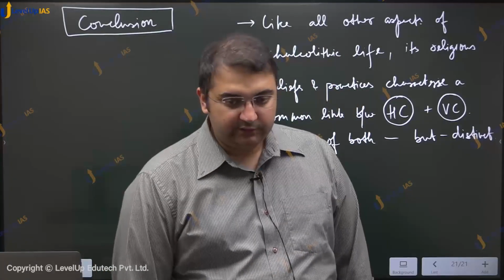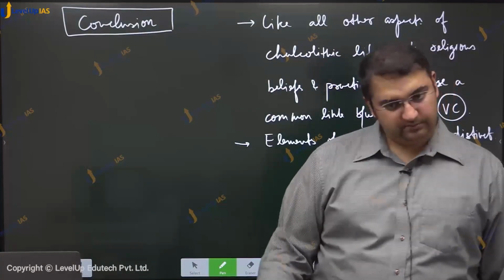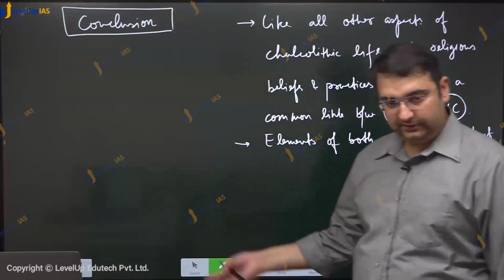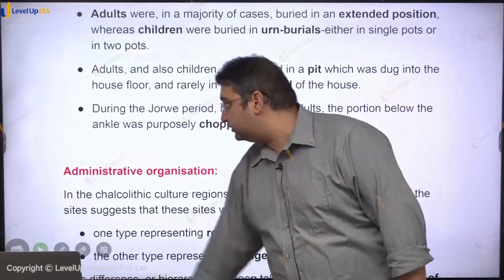Clear? So it shows the cultural continuity as well as change. That is what we are trying to say over here. Right? So that is the religion of the Harappans done.